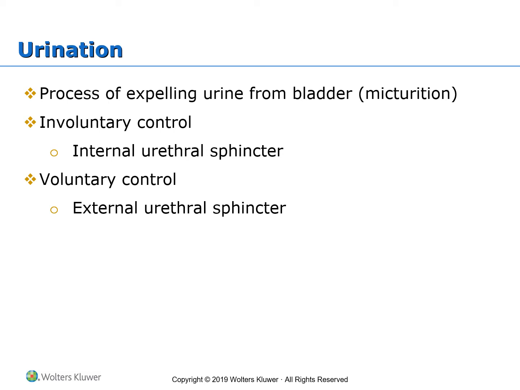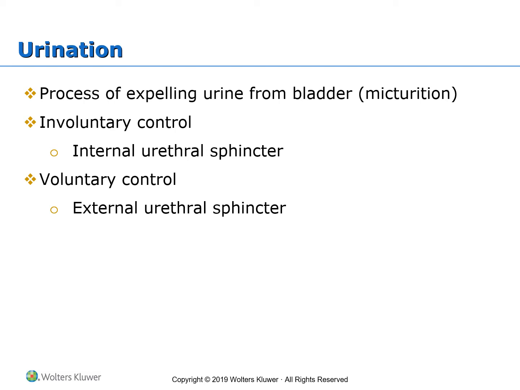Once the bladder will fill with urine, there are some stretch receptors that you remember. We have stretch receptors in all those organs that have the capability of changing their sizes. So the stretch receptors will be stimulated, and they will send impulses to a center in the lower part of the spinal cord. Spinal cord, not the brain yet.